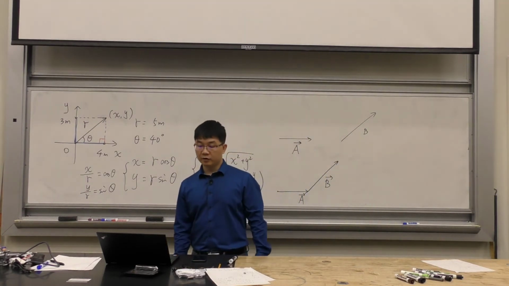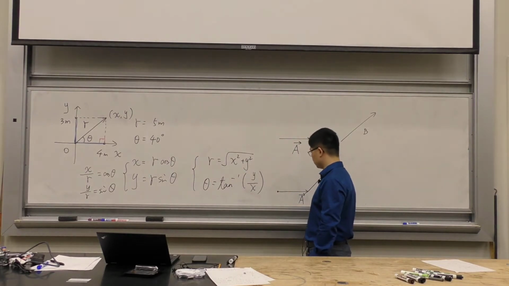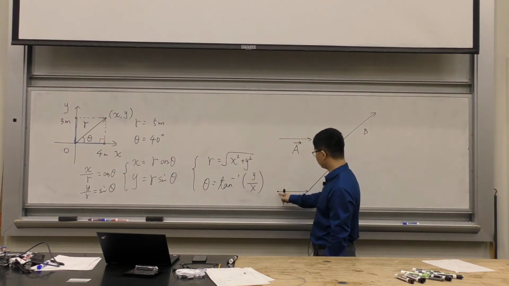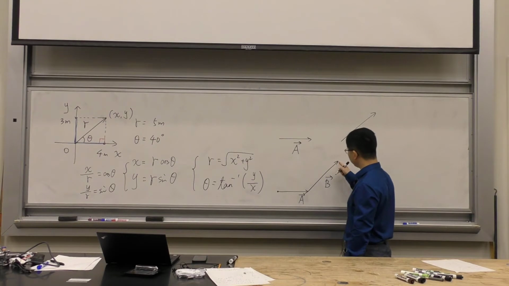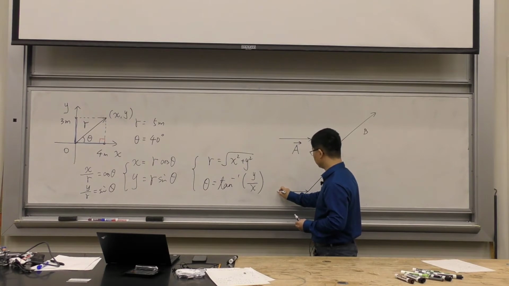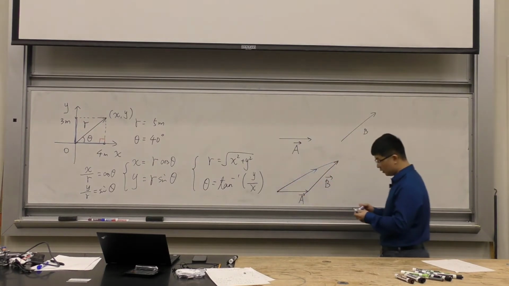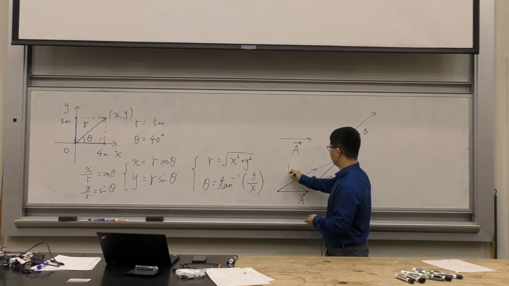Now you connect the starting point of vector A to the end point, the tip, of vector B with a straight line. And this vector is the sum of these two vectors.